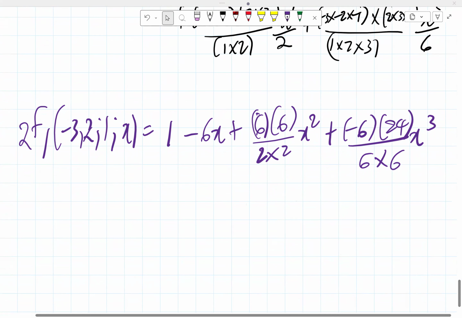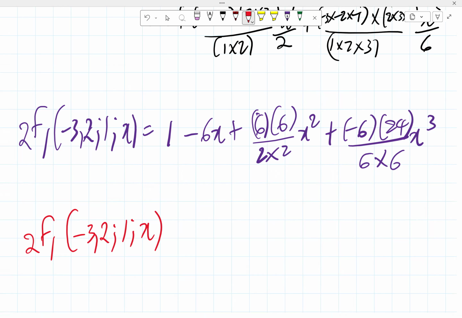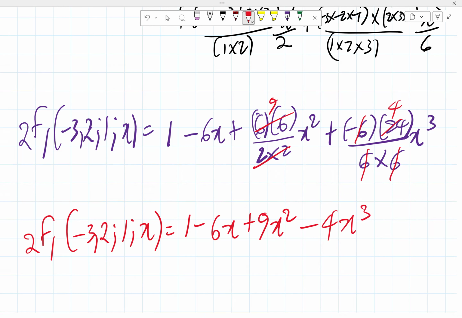Then 2F1 of minus 3, 2; 1; x is 1 minus 6x. Then this is 36, 4 in 36, that's 9, so plus 9x squared. Then here 6 cancels 6, that's minus 4x cubed. And that's all we have.